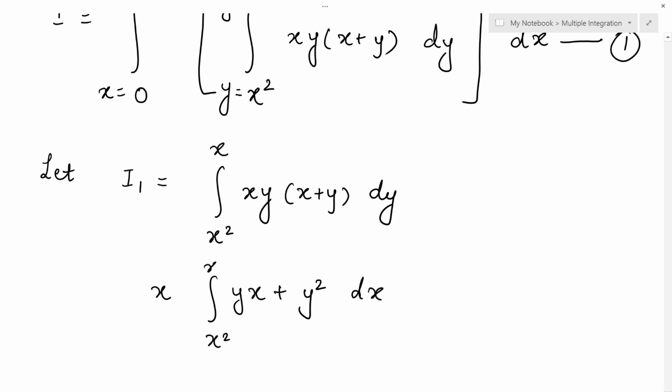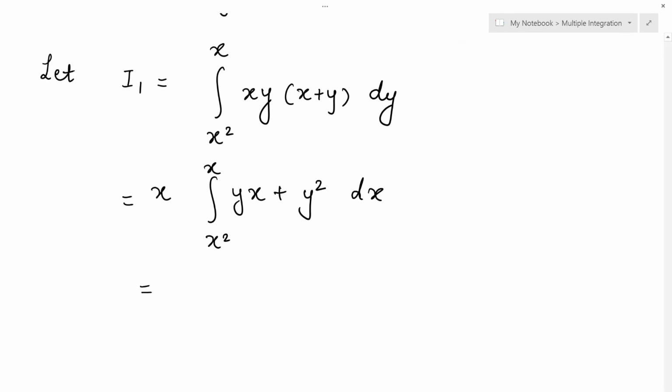So now integration will be, y integration, and then with respect to x it is, okay, so that will be x square by 2.